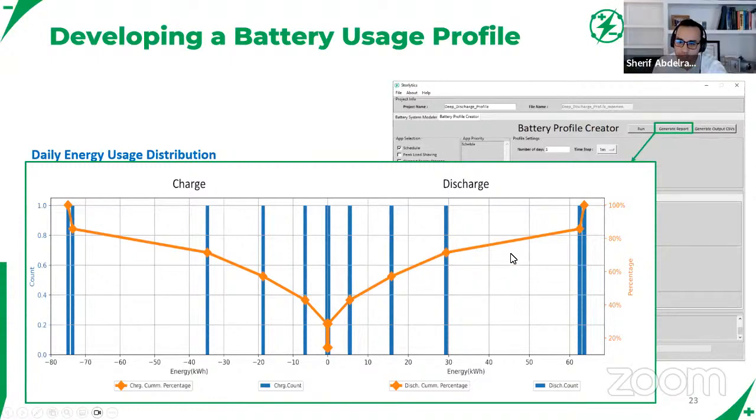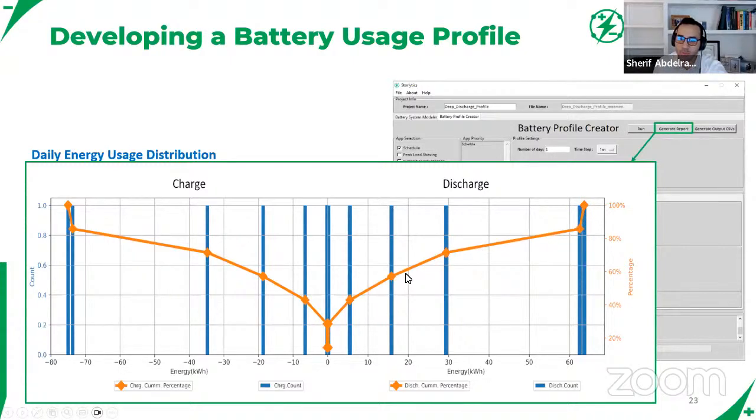So, for instance here, if you know that you're getting about 80% of the discharge days with, I want to say, about 54 megawatt hours, you can then decide, all right, is it really worth that additional 10 megawatt hours just to get the last 20%?